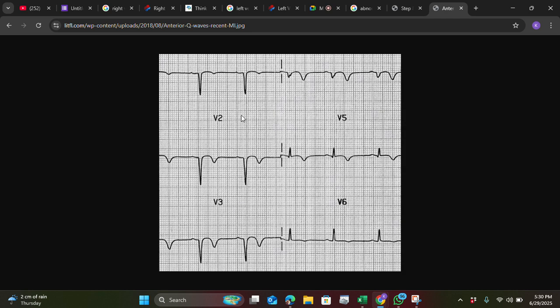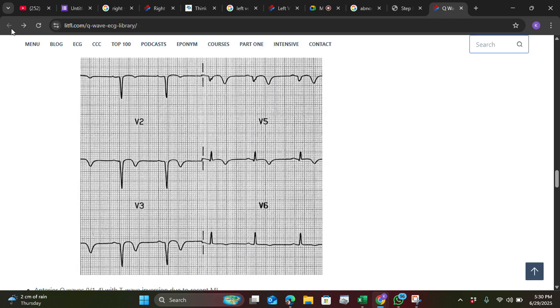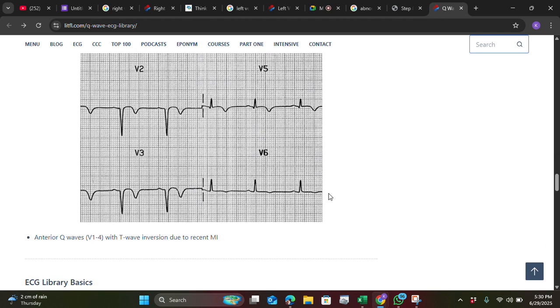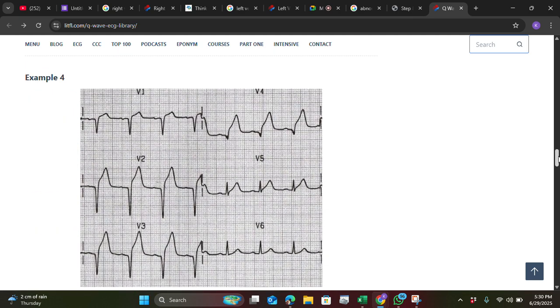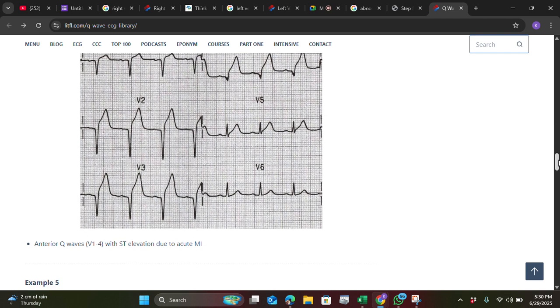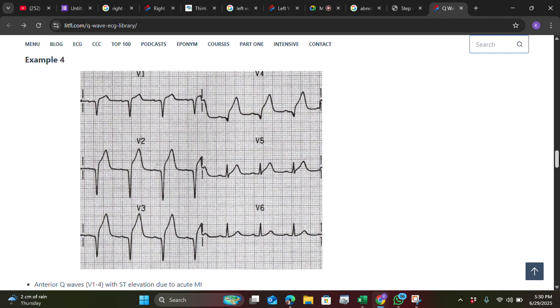So this person possibly is having anterior MI, but I'm not going to interpret that sharply. If you check what they wrote here, anterior Q waves with T wave inversion, there has to be something else to give me the confirmation that, okay, my patient has MI.